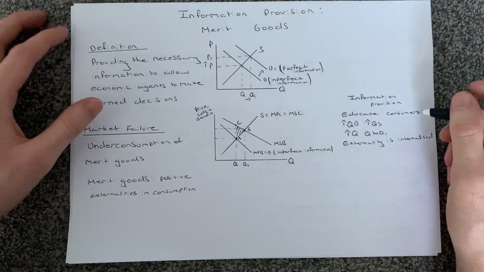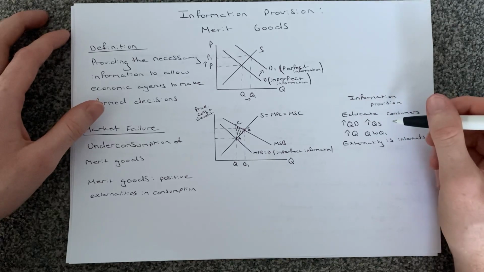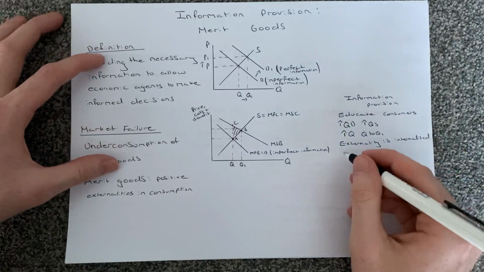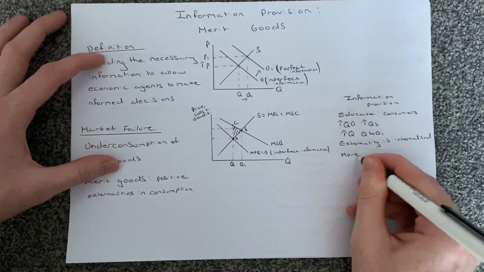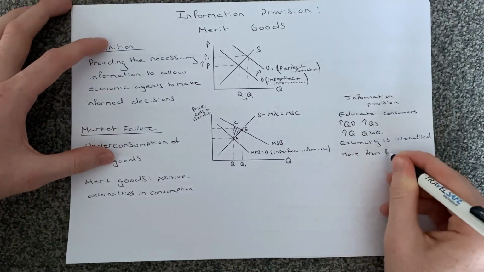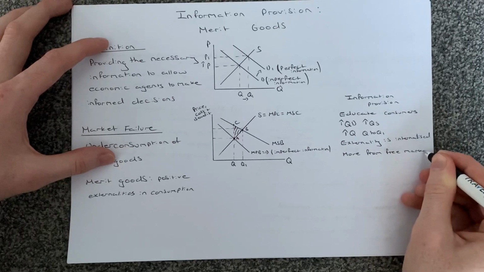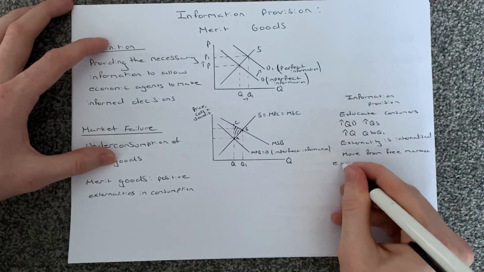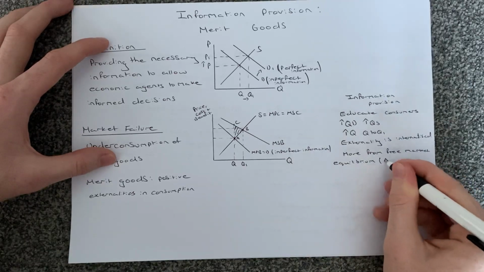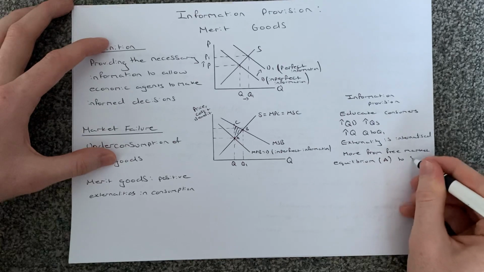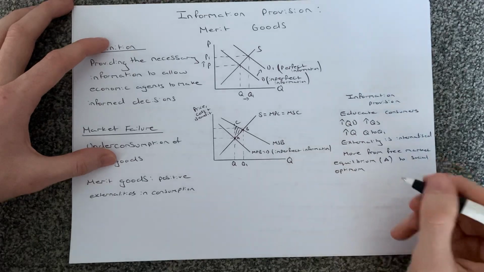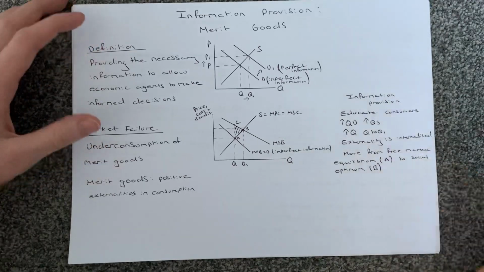So educate consumers, increase their demand, suppliers supply more, and we see an increase in quantity from Q to Q1. The externality is internalized because we move from the free market equilibrium, which is point A, to the social optimum, which is obviously point B.